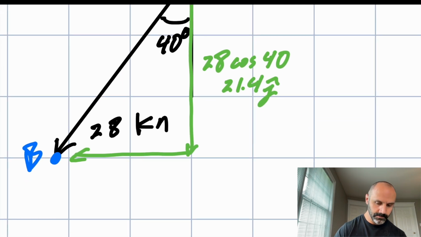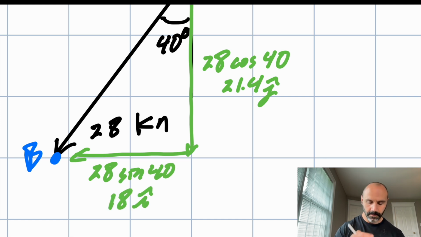And then this is going to be 28 sine 40, which is going to be 18 I. And I'm keeping in mind that this is negative.